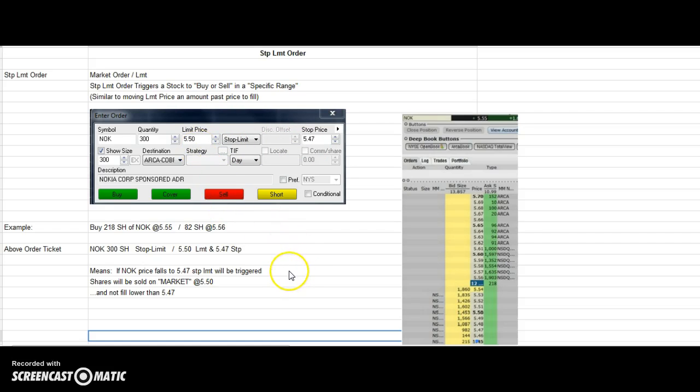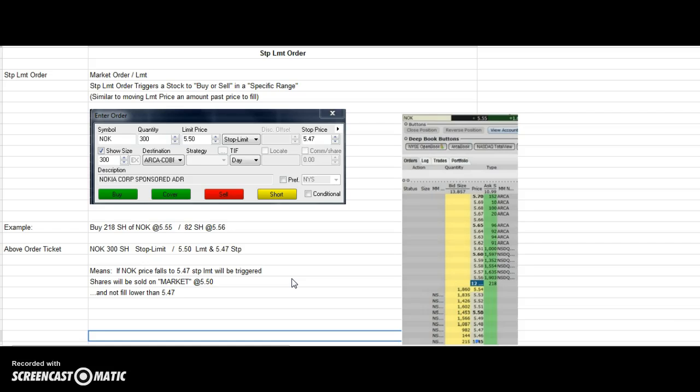If the price of Nokia were to fall quickly, down to 547, the stop limit would be triggered, meaning your shares would be sold between 547 and 550, and if the stock were to fall too quickly for your order to fill, it would not fill lower than 547.